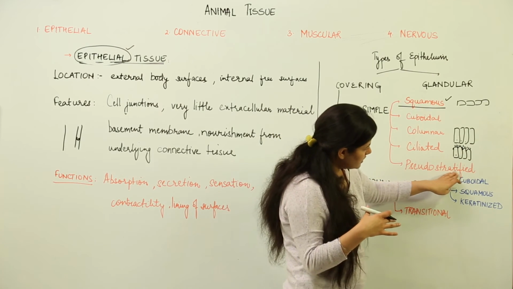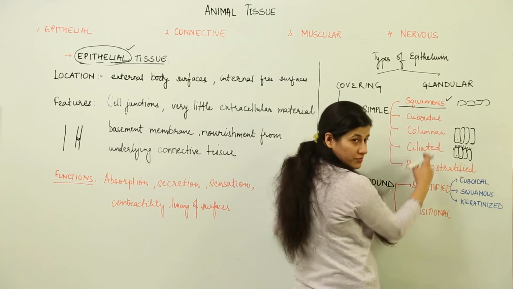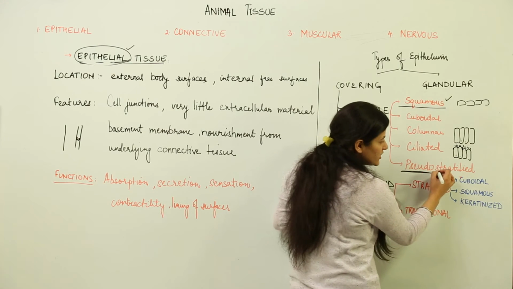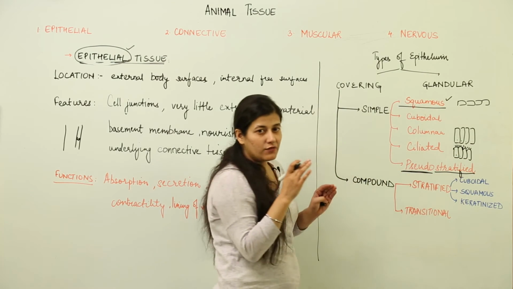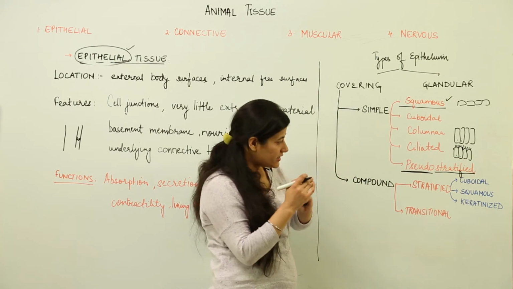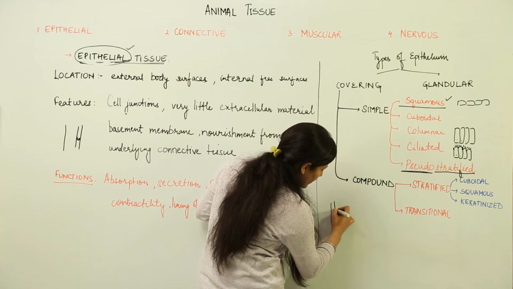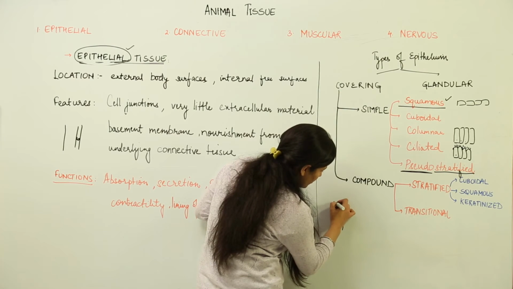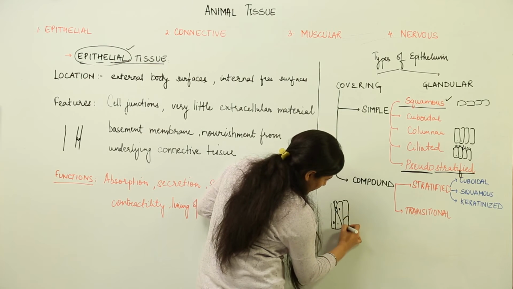And then there is the pseudo-stratified condition. Pseudo-stratified is also a type of columnar epithelium, but as the name suggests, pseudo means false and stratification means levels. So when we talk about pseudo-stratified, there would be a false level of cells. The columnar epithelium would have a single layer, but the cell size would not be similar and the nuclei would appear in such a manner that it appears double layered or triple layered.